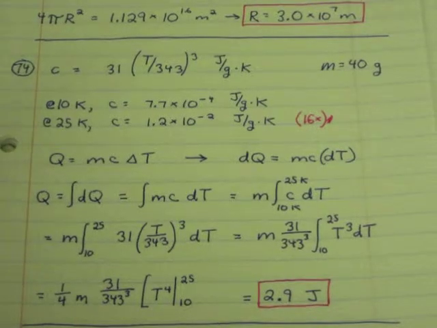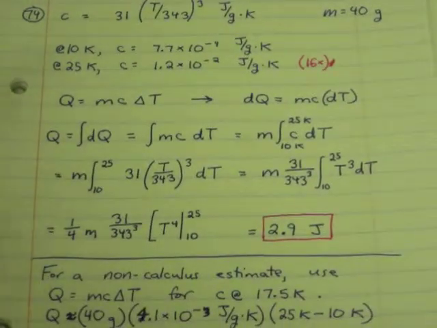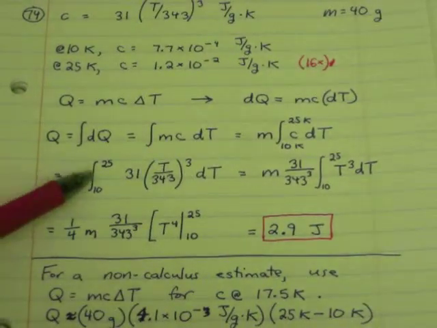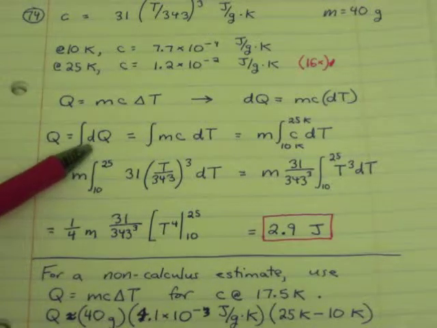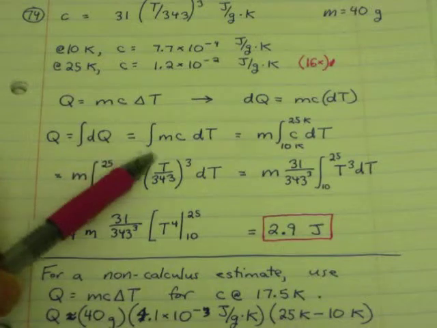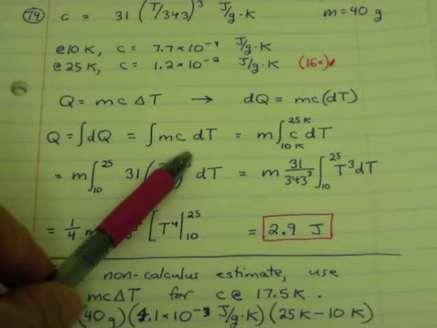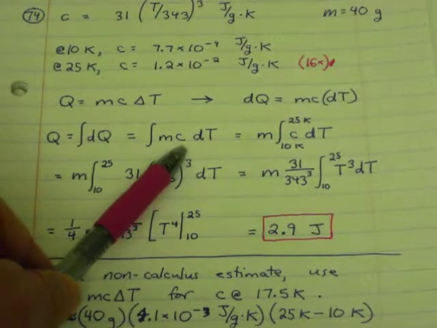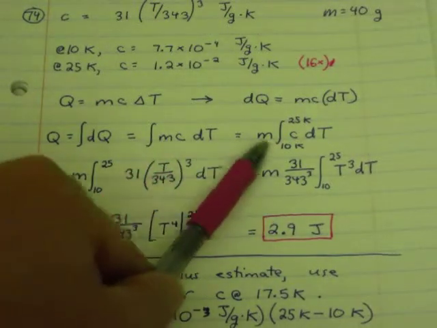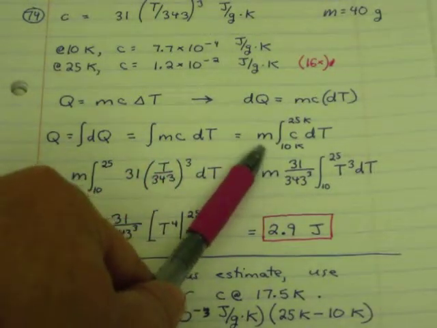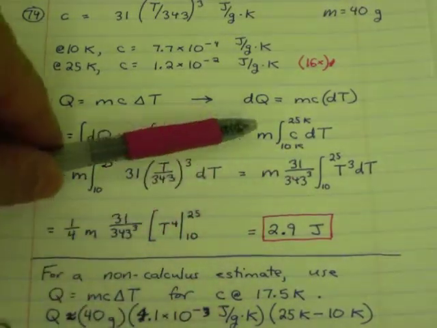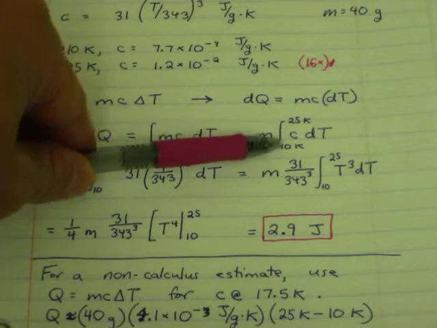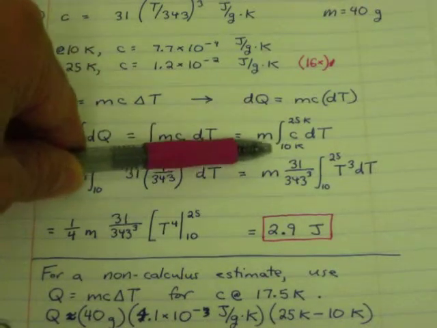The total heat is the integral of the sum of all the little increments of heat, which is the sum of mc dt. I'm going to pull out what I can outside of the integral, which is just mass. So mass times the integral of c dt. I know the writing's getting kind of small here, but I have the limits of integration, 10 Kelvin and 25 Kelvin.